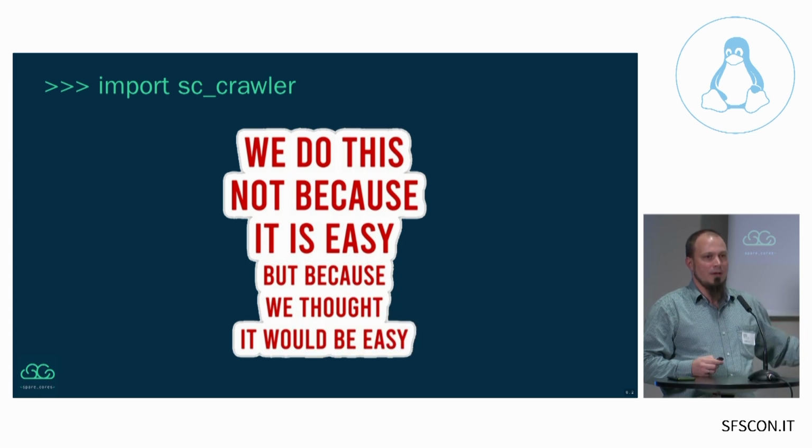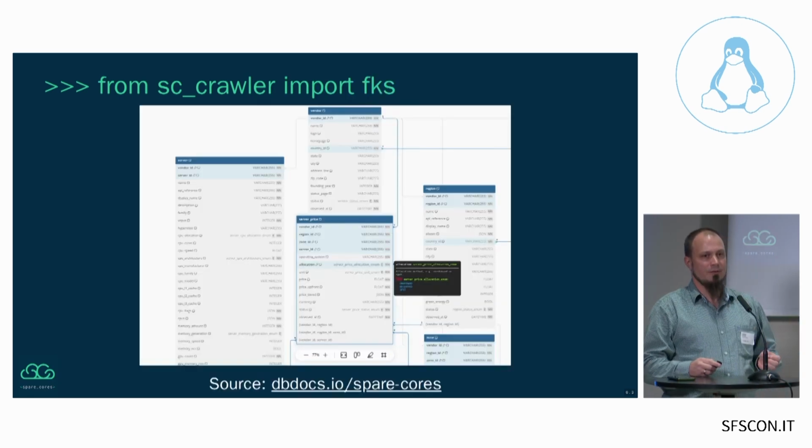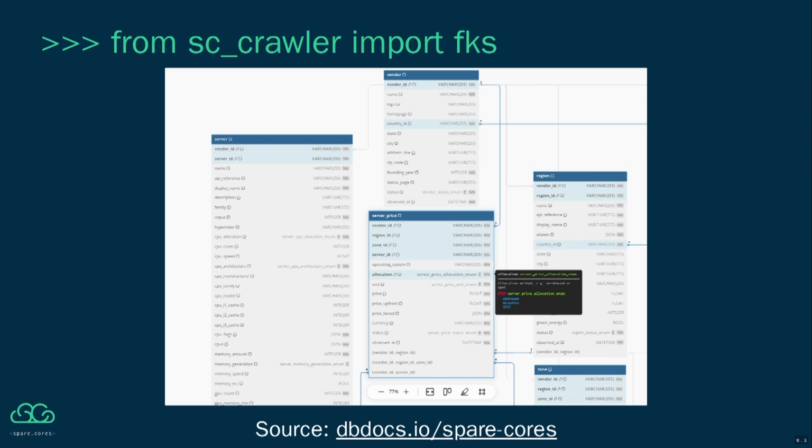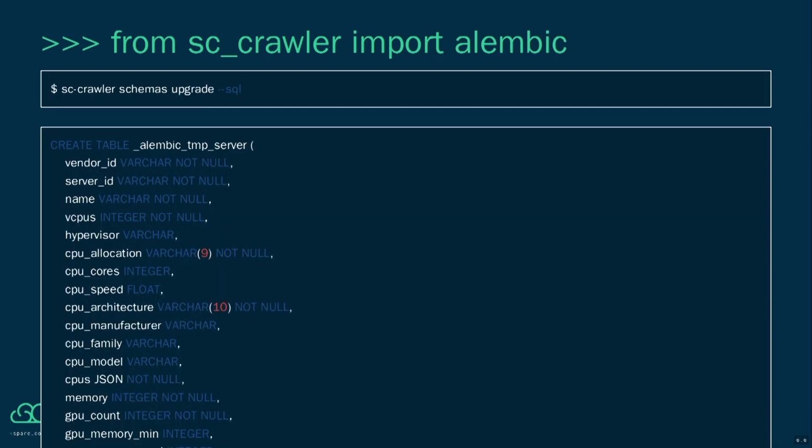You do vendor API integrations, put it into a table, and that's it. It turned out to be much, much more difficult. So even just looking at the database schemas, having problems with all the overlapping compound primary keys, and taking care of all the database migration tools and versioning.